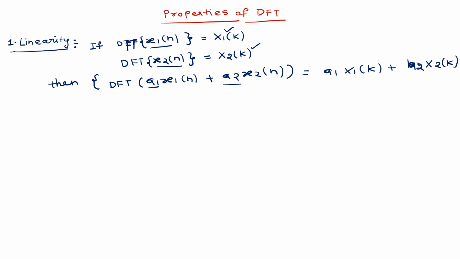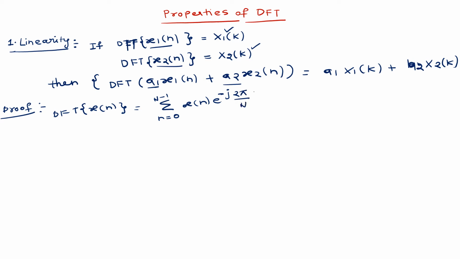Then let's see the proof. We know the DFT formula: DFT of x of n equals summation of n equal to 0 to N minus 1 x of n e power minus j 2 pi by N kn, where k and n are between 0 and capital N minus 1, right?